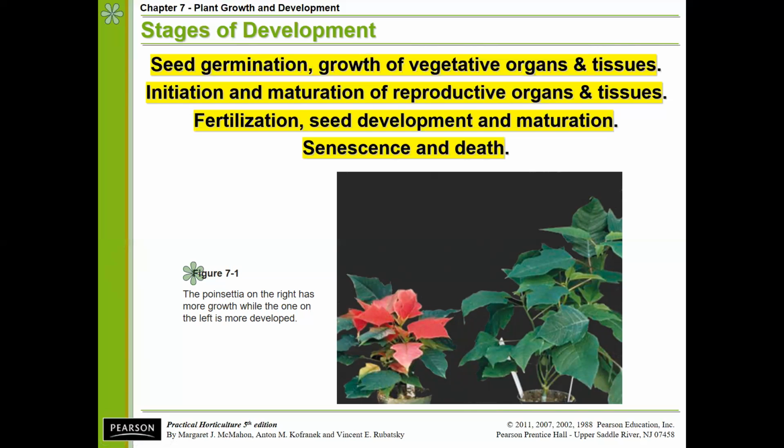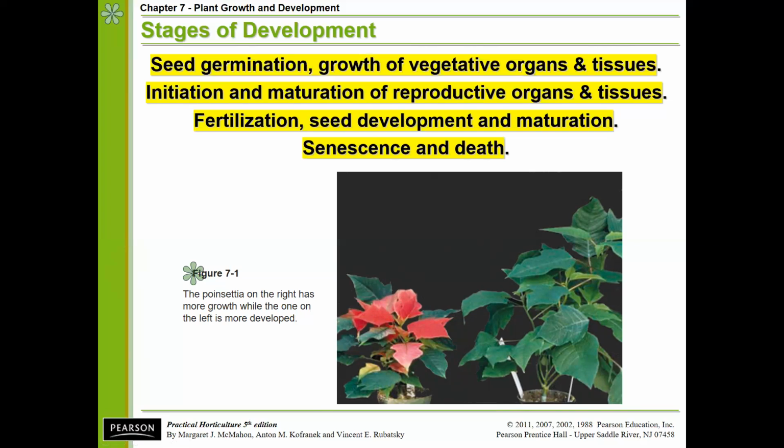You have to really watch out for photoperiod. The amount of light or the period of light and darkness, which triggers the developmental stages of the plant. So on the right, this one probably didn't have any of that developmental, photoperiod initiation, whereas on the left, we're actually seeing the initiation of the floral bracts as a response to development of the plant, the development of reproductive organs and tissues.